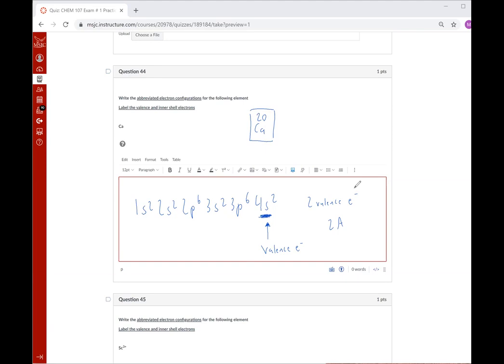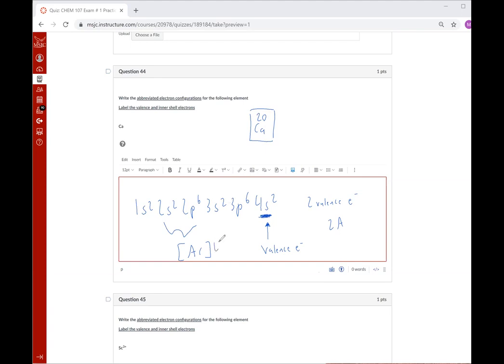I write abbreviated one. Yeah, and we're actually going to get to that. We're going to abbreviate each of these core electrons using the preceding noble gas, which would be, let me check the periodic table really quickly, the noble gas immediately before calcium, which is argon.